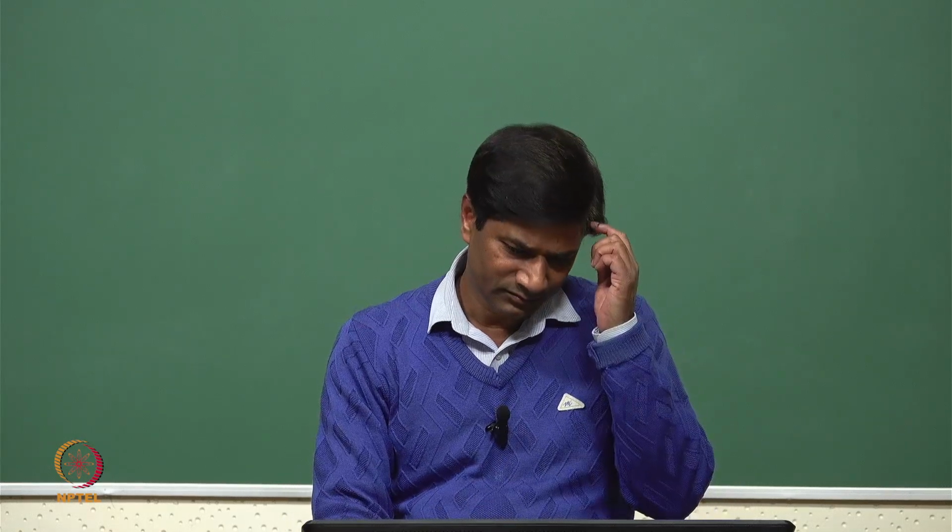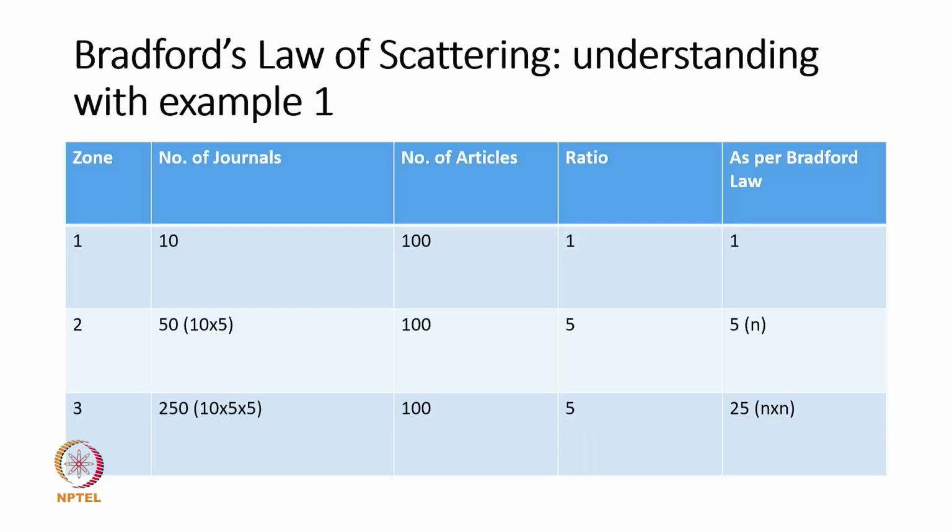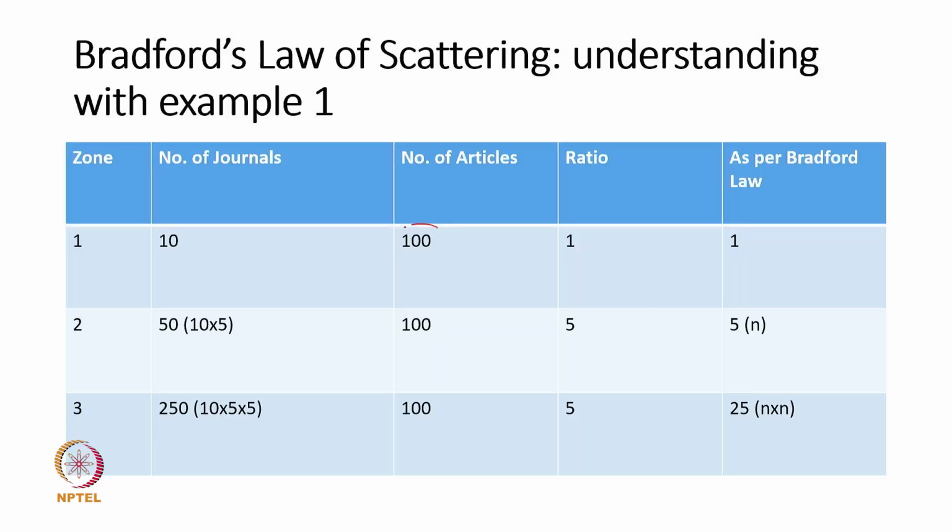Let us understand Bradford's law with an example. For example, if you want to compile a bibliography on a particular subject, you get 100 articles, and those 100 articles are published in 10 journals.